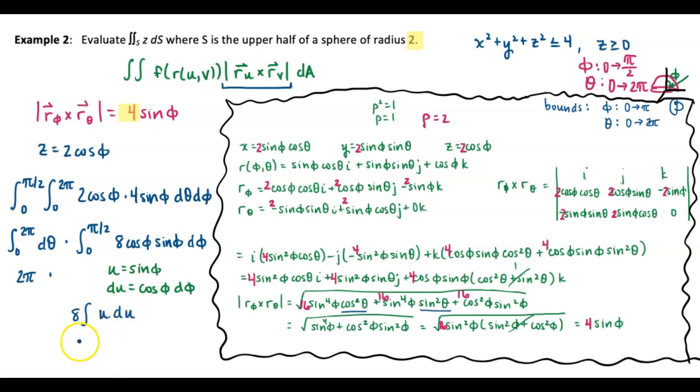The antiderivative of u is going to be 1/2 u squared, and so I can call this 4 u squared, which is equal to 4 times the sine of phi squared, as we take this from 0 to pi over 2.